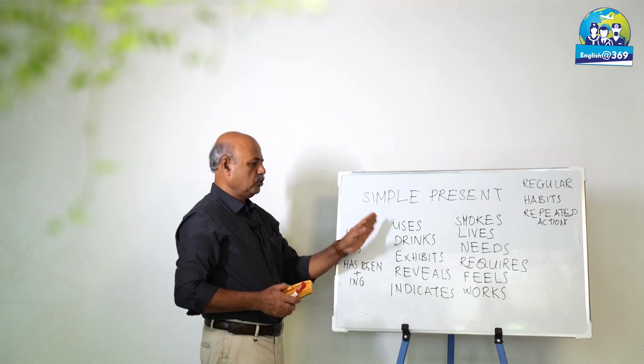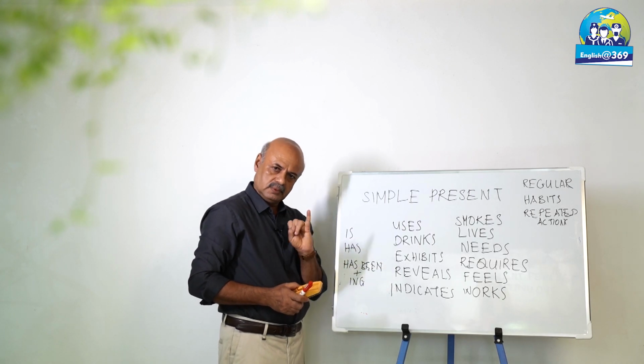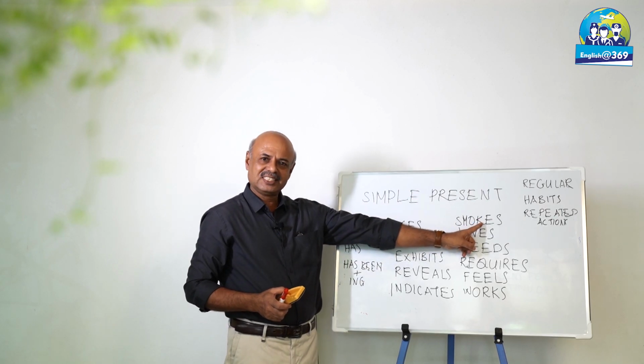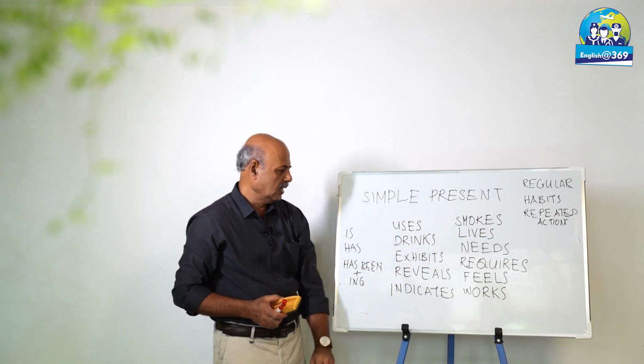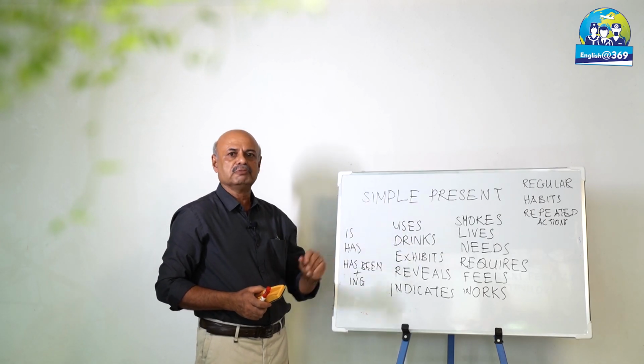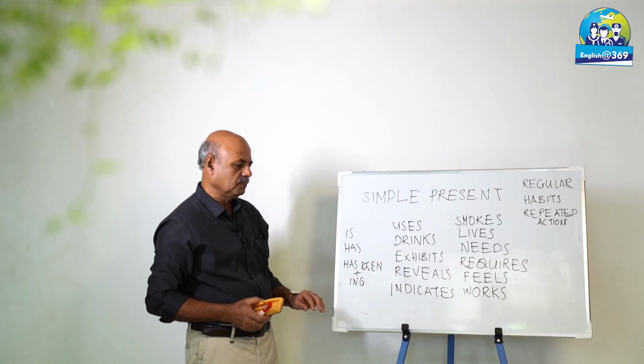Suppose, Mr. John, may I give an example? Mr. John lives alone. Correct sentence. Mr. John smokes cigarettes. Okay. Mr. John exhibits symptoms of, what would be that? Maybe, as we understand, substance abuse.